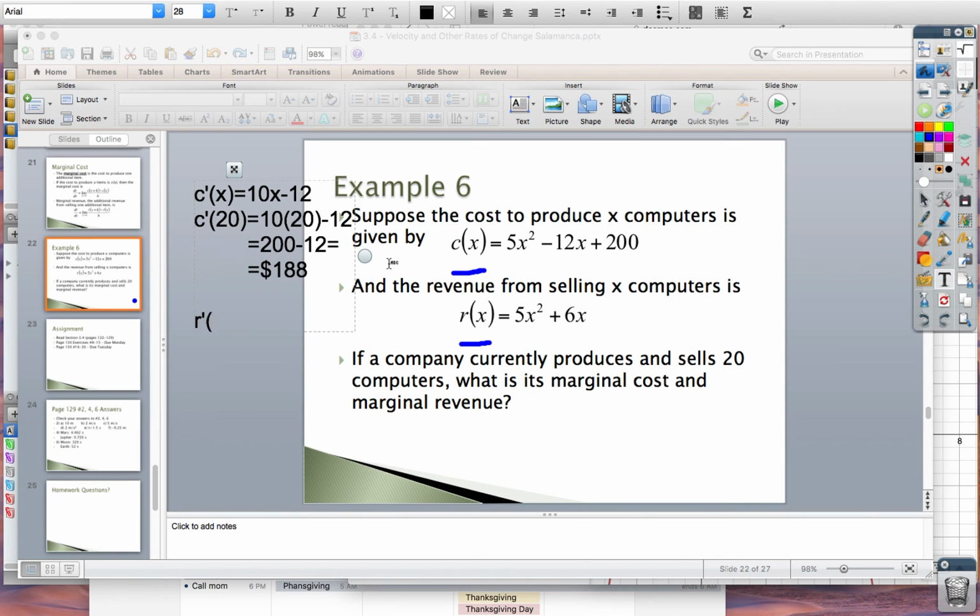So the marginal revenue, they already gave us the formula, we take the first derivative, which means that's 10x plus 6. And if we wanted to find the marginal revenue for one more computer, we again use the 20. So that's 10 times 20 plus 6, which means our marginal revenue is equal to $206.